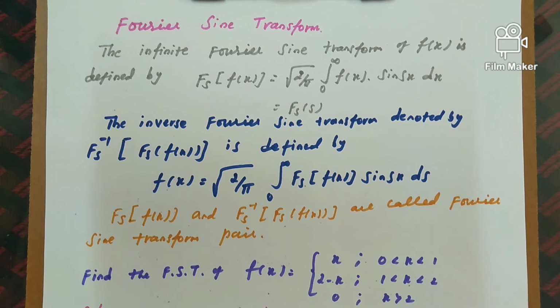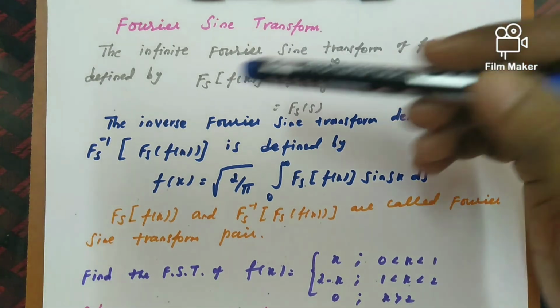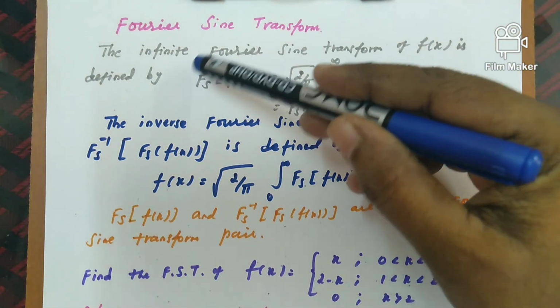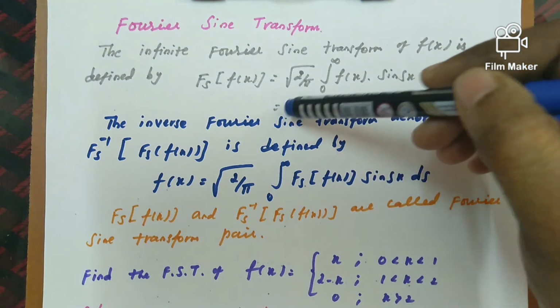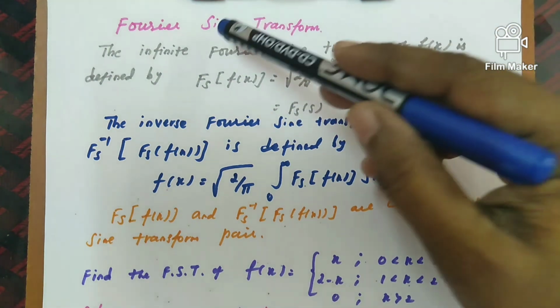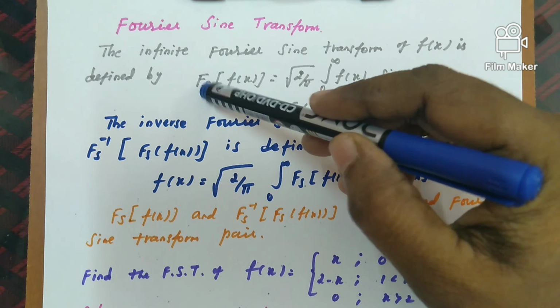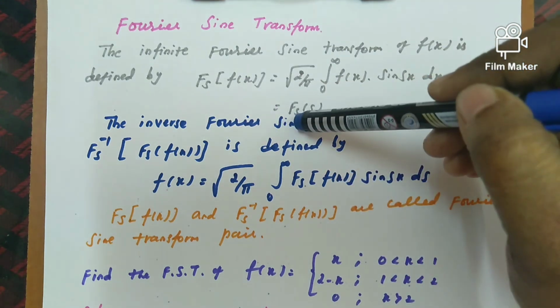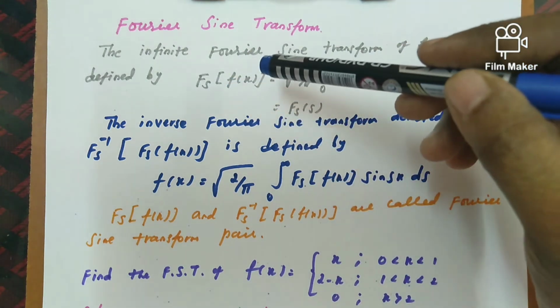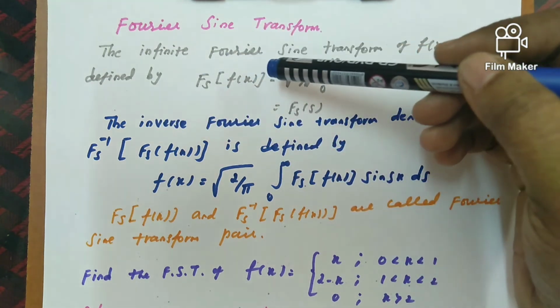As we have seen in the Fourier transformation definition, Fourier transform of f of x is equal to a function of s. Here it is a sine transformation, so the suffix s indicates the sine transform. For the Fourier sine transform, the inverse also we can write.